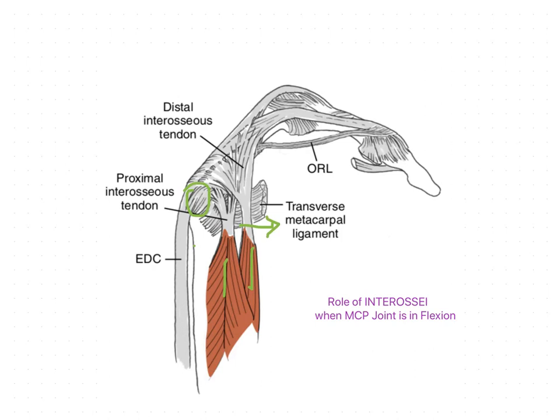Also, the action lines of these muscles lie more volar to the MCP joint axis than they do in MCP extension. So the action line of the interossei is almost perpendicular to the proximal phalanx in full MCP flexion.